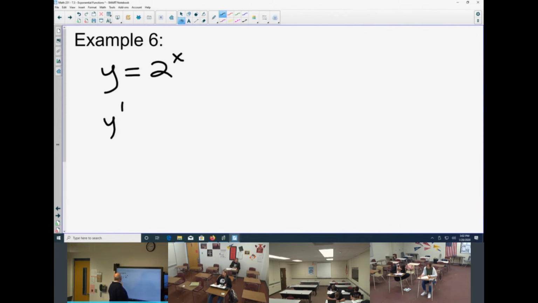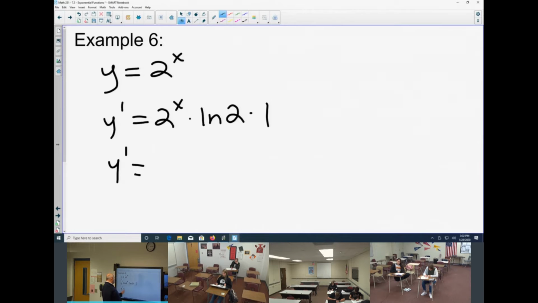Then y prime, you bring down the same exact thing, 2 to the x times the natural log of the base, so times the natural log of 2, and then times the derivative of the exponent, so times 1. And really that's it. You could not write the 1 if you wanted, but I would probably write this as 2 to the x times the natural log of 2. And that's it. That's the derivative.